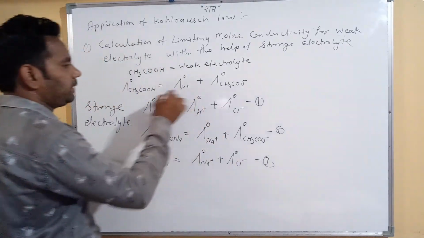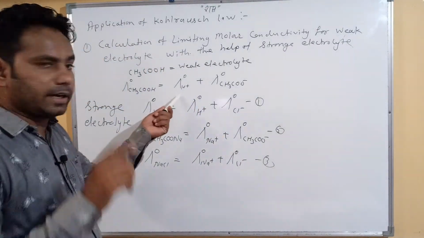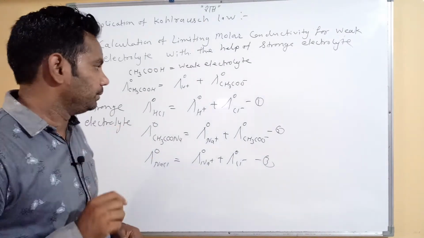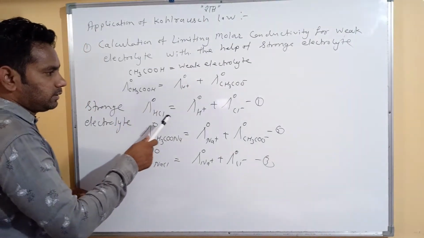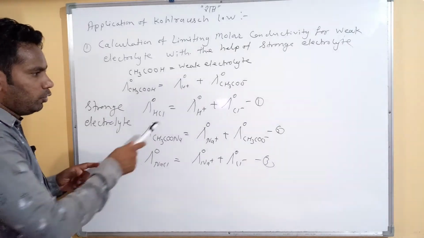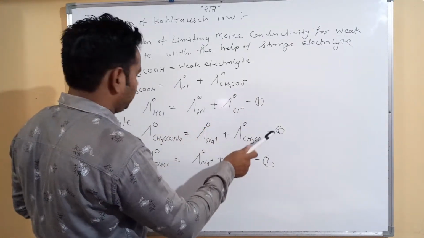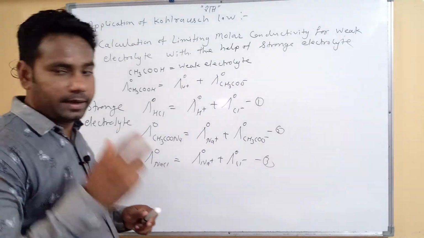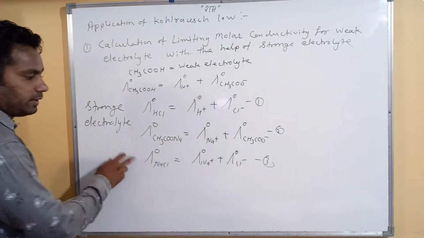I want the limiting molar conductivity for H+ ion and of acetate ion. So I add equation 1 and equation 2, the limiting molar conductivities of HCl and CH3COONa, and subtract equation 3.